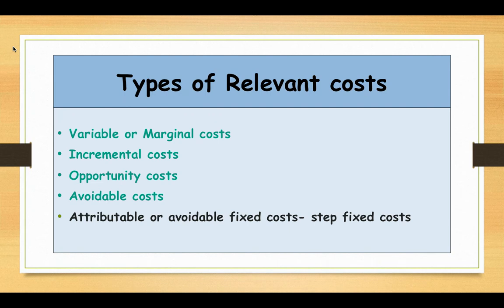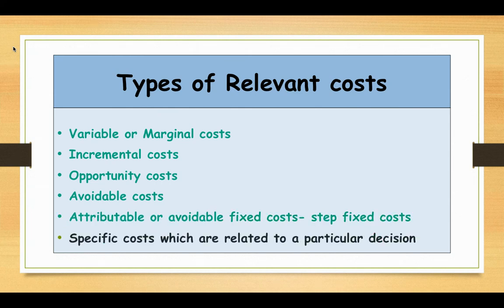So in this case, the attributable or avoidable fixed cost will become a relevant cost. Now the next one, specific costs which are related to a particular decision, will become a relevant cost.